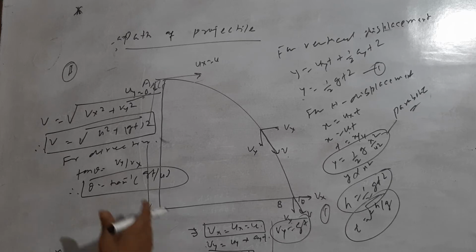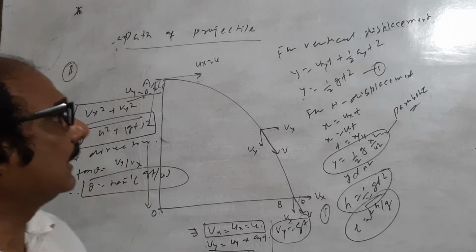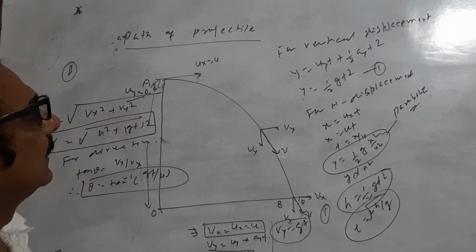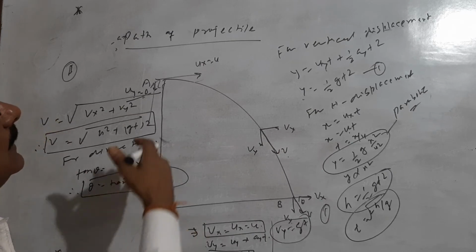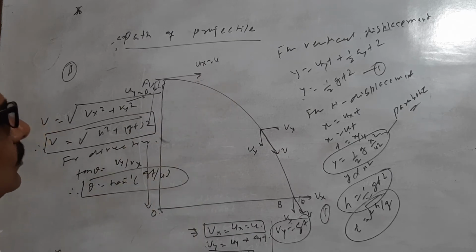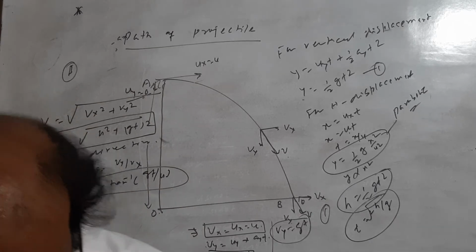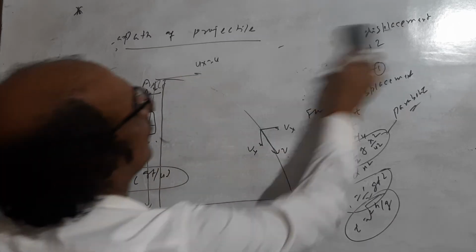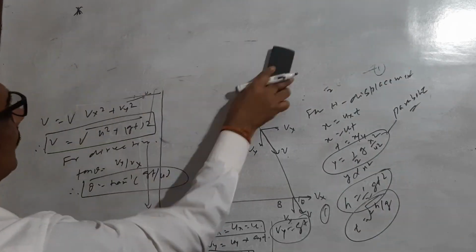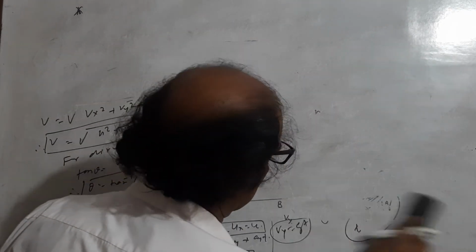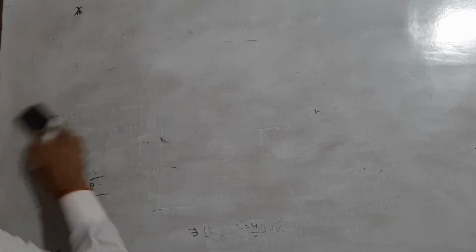So in this way, the different physical quantities can be obtained when the projectile is thrown horizontally from the top of the tower. Now, let us consider one or two examples in this regard. Let us consider the numericals.